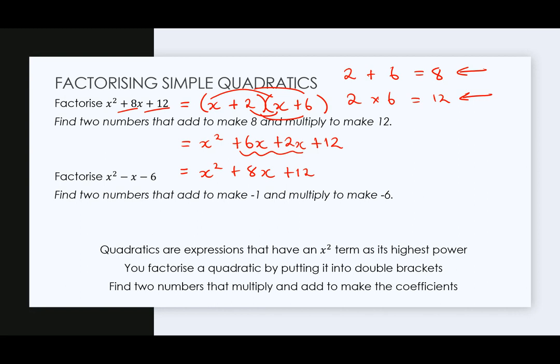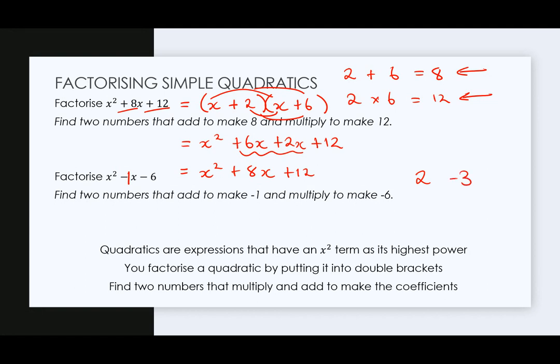Let's look at the second example, x squared minus x minus 6. There is a coefficient of minus 1 in here. We just don't usually write it. So I need two numbers that add to make minus 1 and multiply to make minus 6. Those two numbers, after a bit of thinking, are going to be 2 and 3.